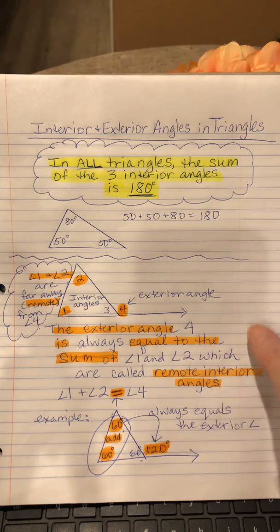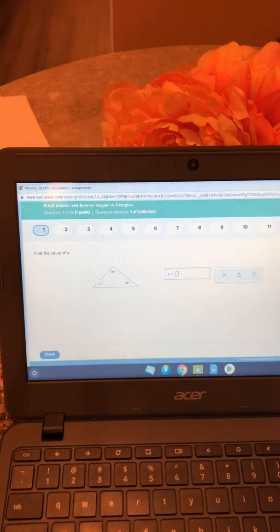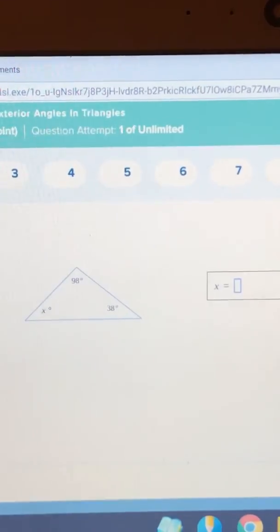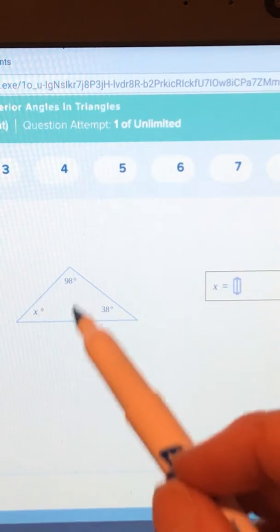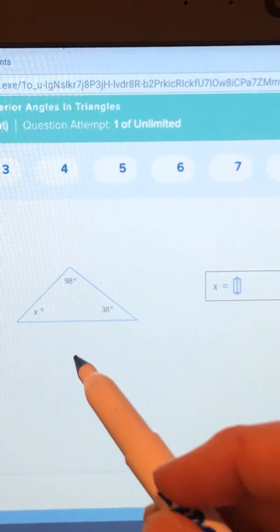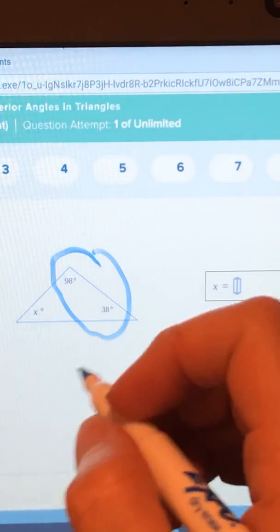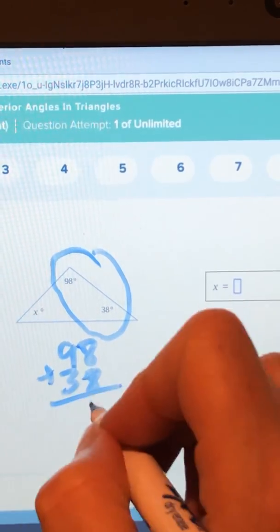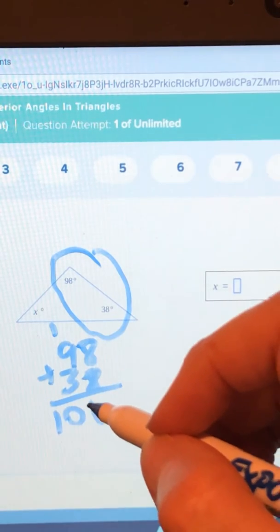Okay, now we're going to start the lesson. We have three angles, one of them is missing. We know that all three added together equal 180. So we can take these two and add them up, and they become 106, okay?